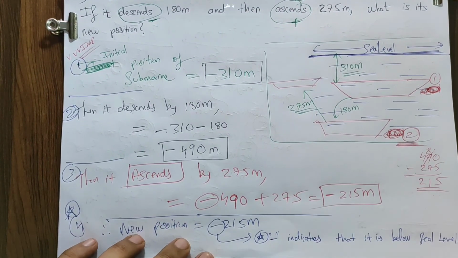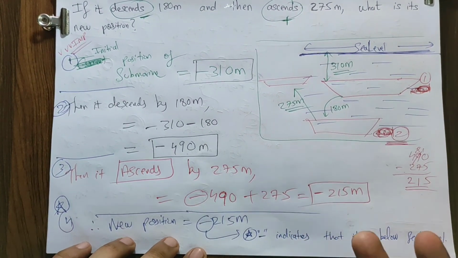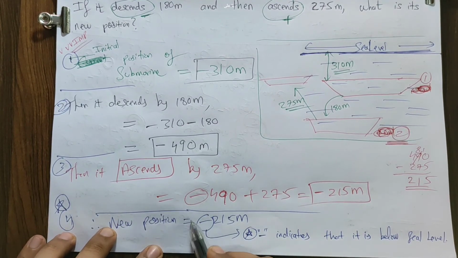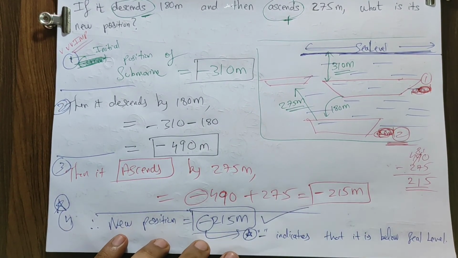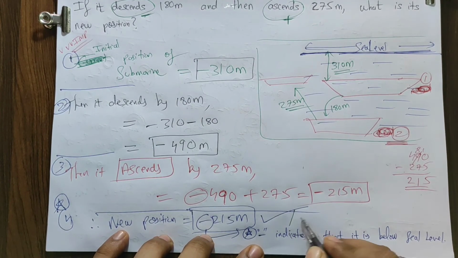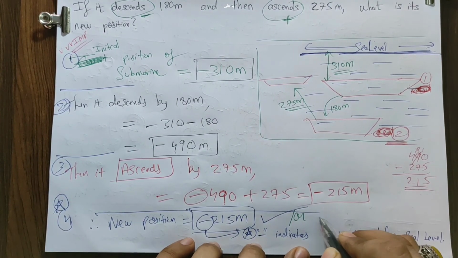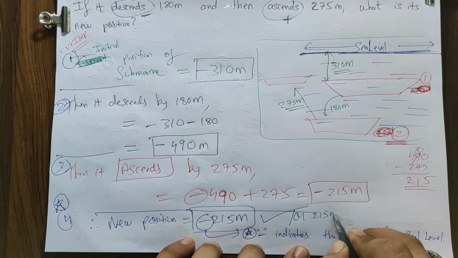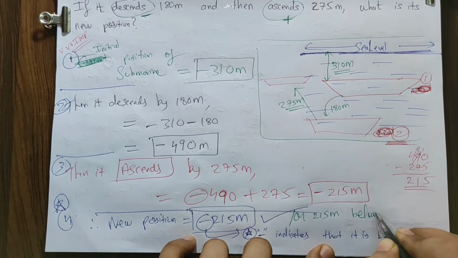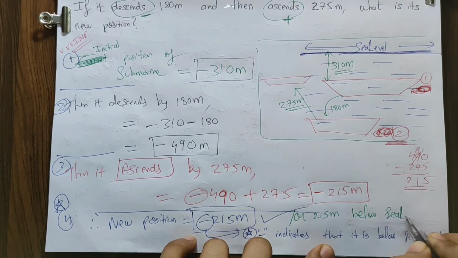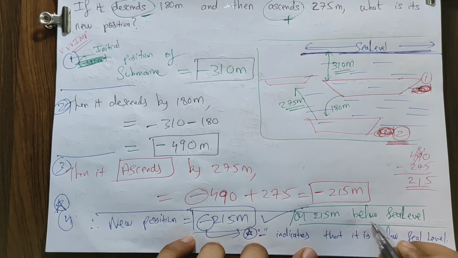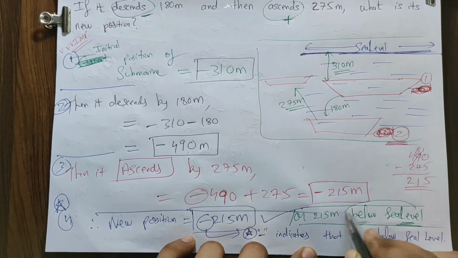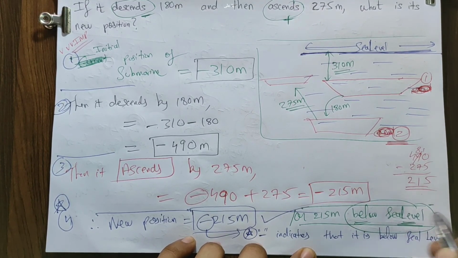Okay. So now there are two ways by which you can write the answer. Either you can write the new position is minus 215 meter. This is absolutely correct. Or the other way you can write the answer is, new position is 215 meter below sea level. If you write just 215 meter, then it's compulsory to mention this below sea level, because the word below sea level indicates that it's minus 215.